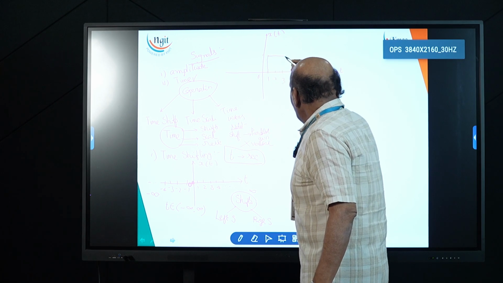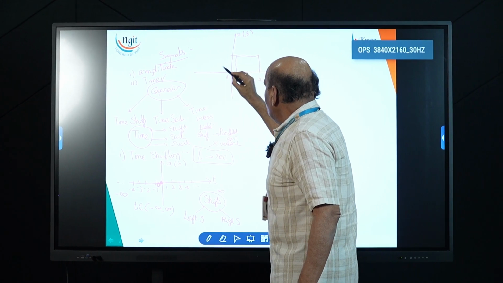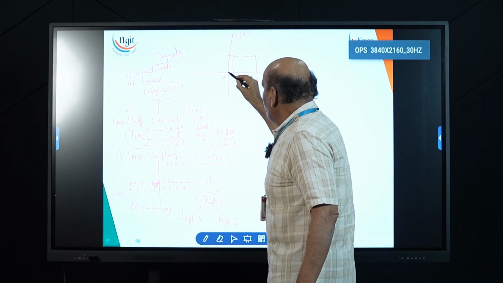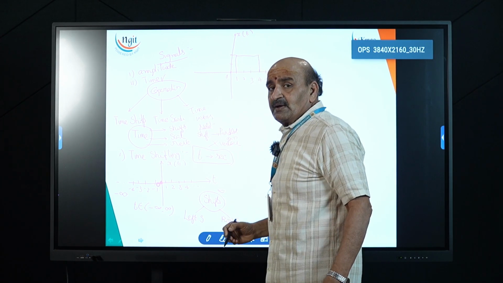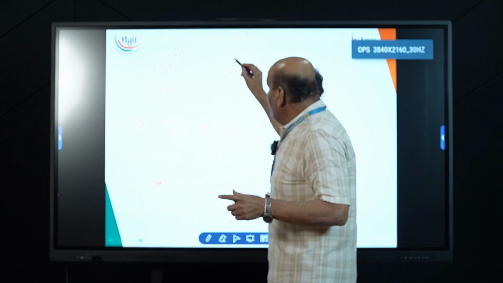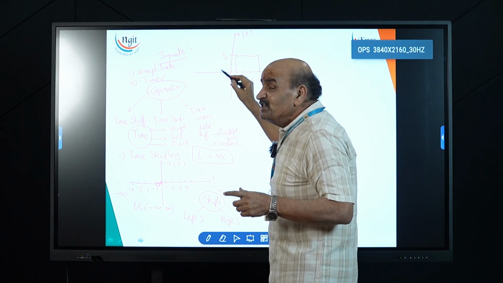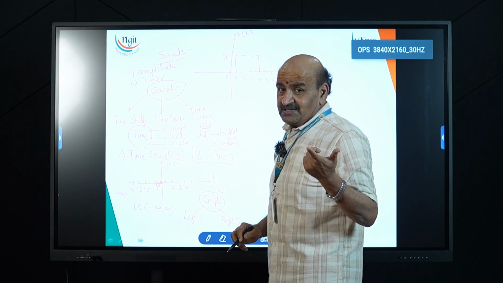There is a train at a station. This is called amplitude. One more point: the part on the vertical axis, in mathematics we call it height. But in electronics we call it amplitude. In electrical engineering we call it DC component.